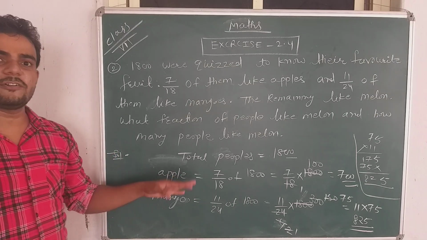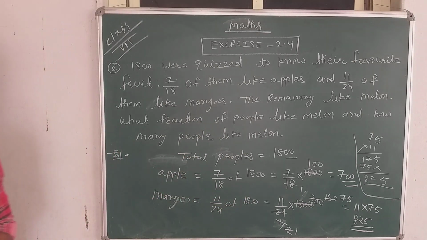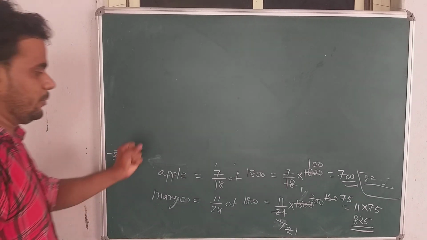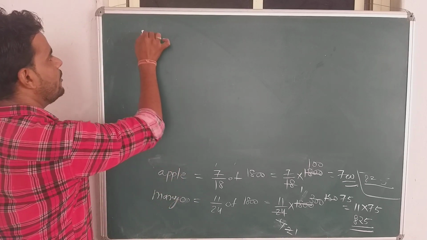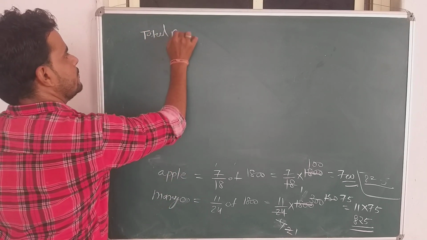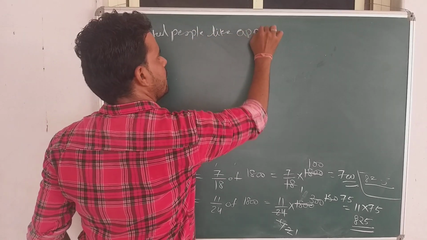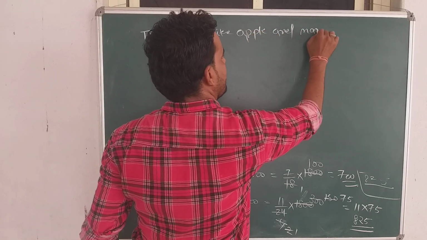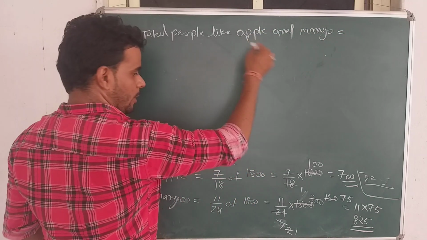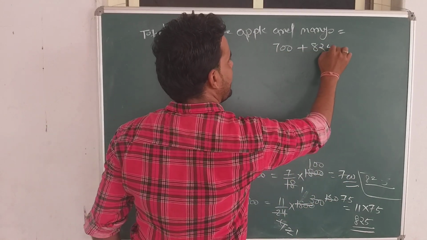So take a screenshot. Afterwards I will clean it and solve the next steps. Okay. So the total people who like apple and mango means we calculate both apple and mango. There are 700 people who like apple and 825 people who like mangoes.